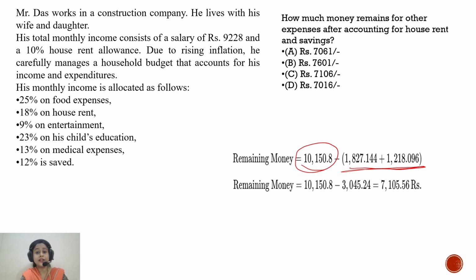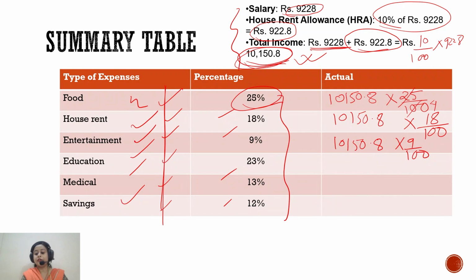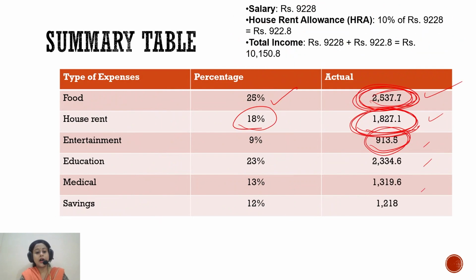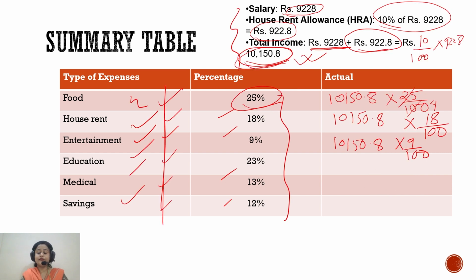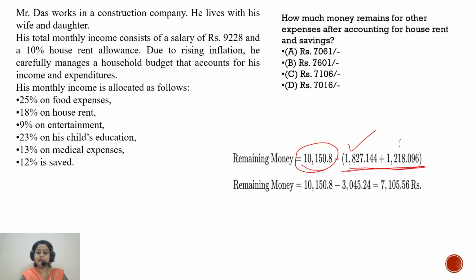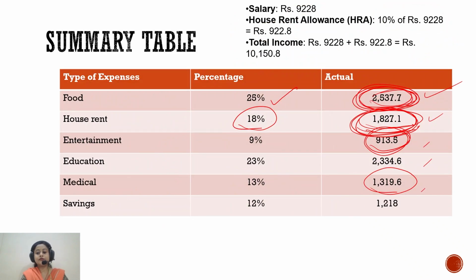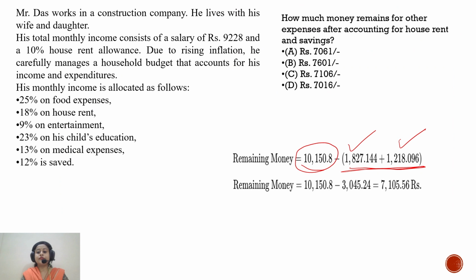So how much money is spent on house rent and savings? From the summary table, on house rent it is 1827.1, and on medical 1319.6. It is also very easy. Sorry, savings, not medical. Savings is 1218. So from this summary table you can find out these two.